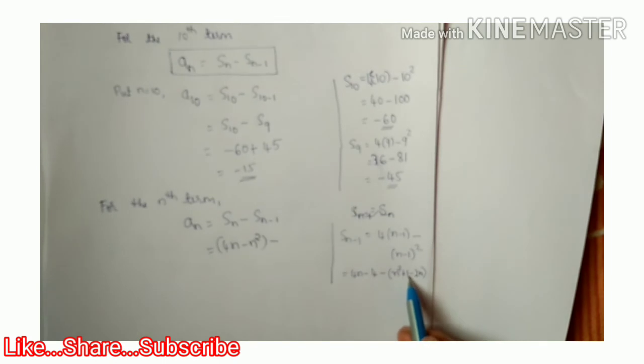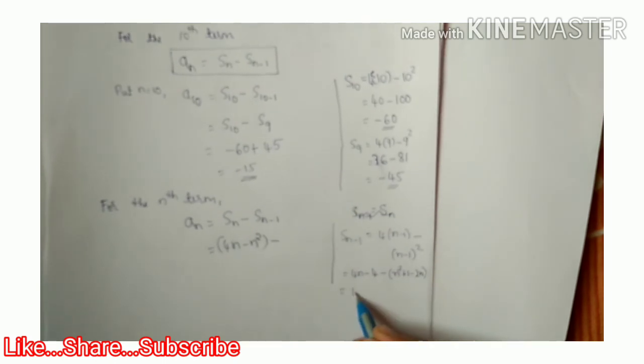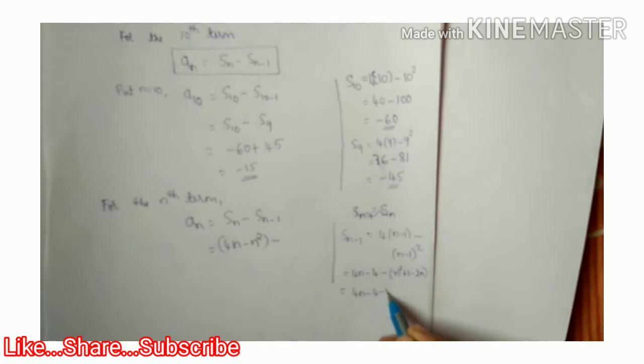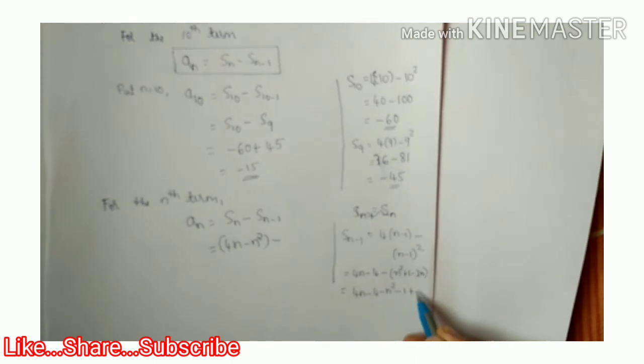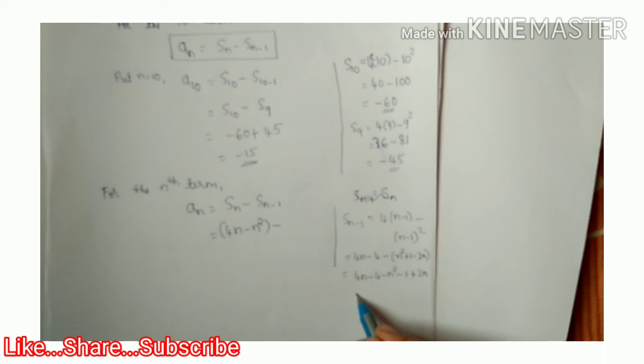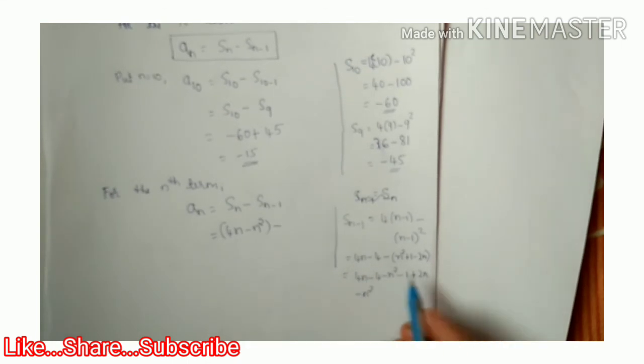So 4n minus 4 minus n square minus 1 plus 2n. Therefore minus n square plus 4n plus 2n is 6n, minus 4 minus 1 is minus 5.